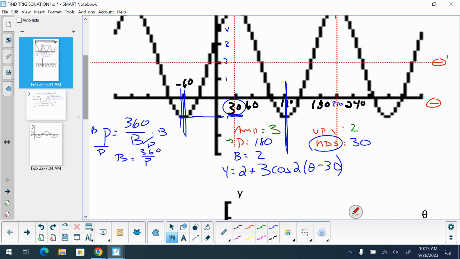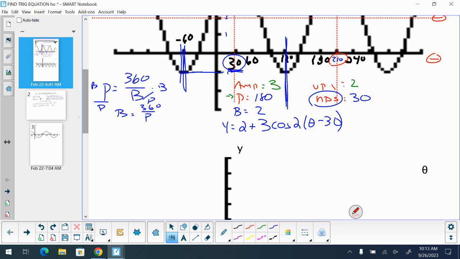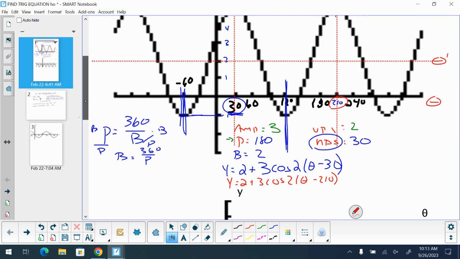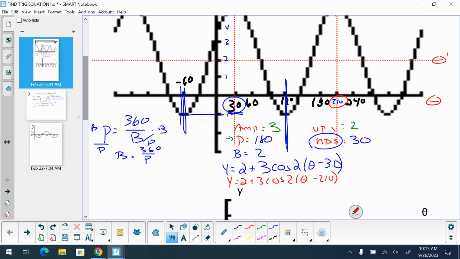Suppose you said, I wanted to use 210. Well, that's at a peak too. Why can't we use that? Well, you can. That is a correct solution. Suppose you want to be adventurous and you said, well, I want to use this negative 60.